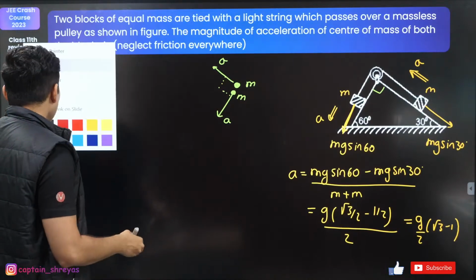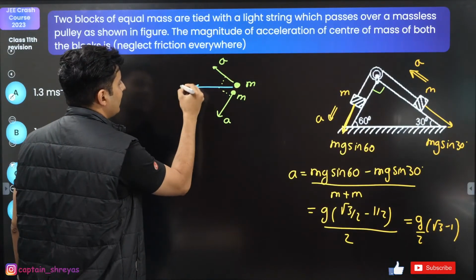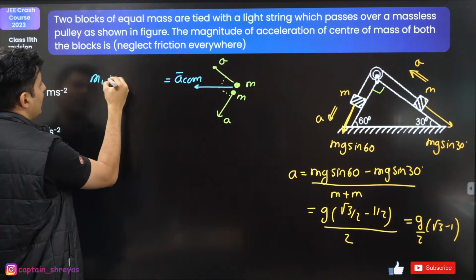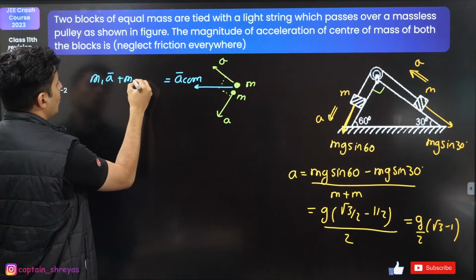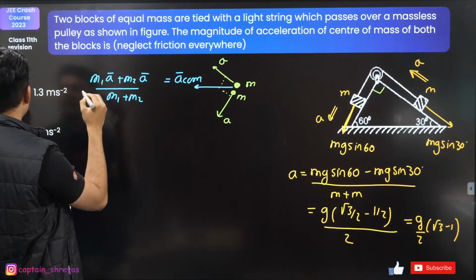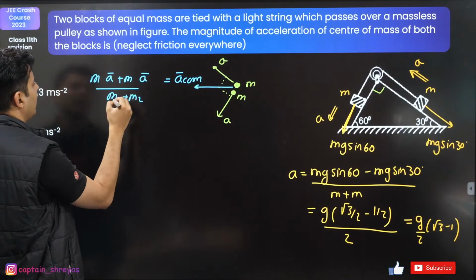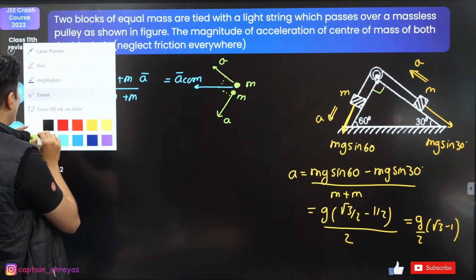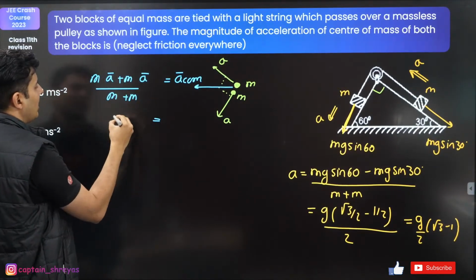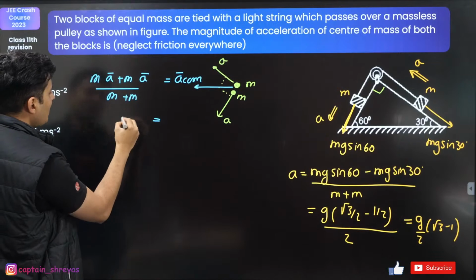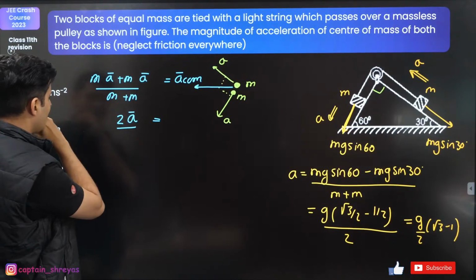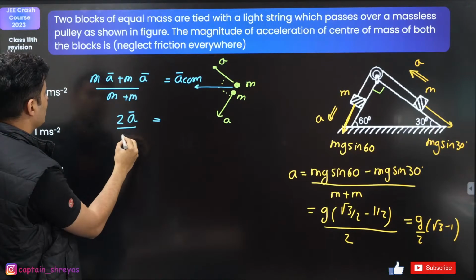Now, the final concept. What is the acceleration of the center of mass? Vector form, it is m1 a bar plus m2 a bar upon m1 plus m2. Actually, these masses are also equal. So you know what? It is actually equal to a bar plus a bar, which is basically 2a bar divided by, what is it?